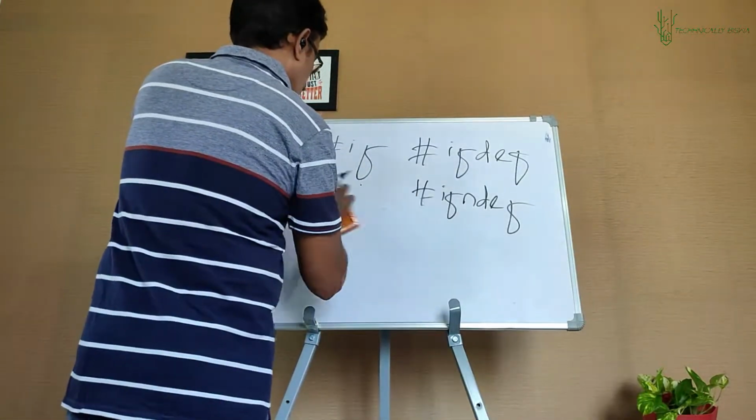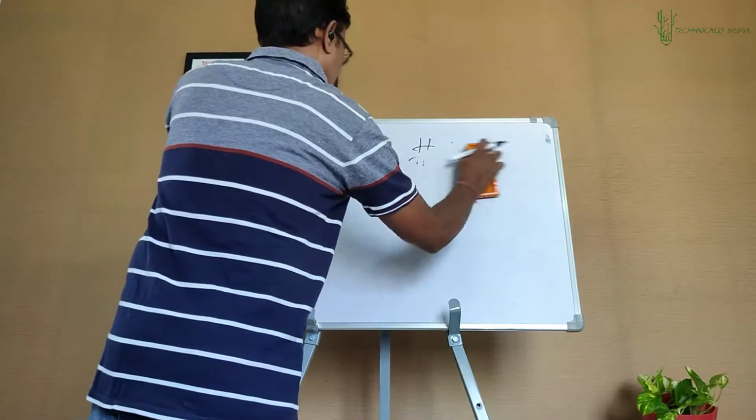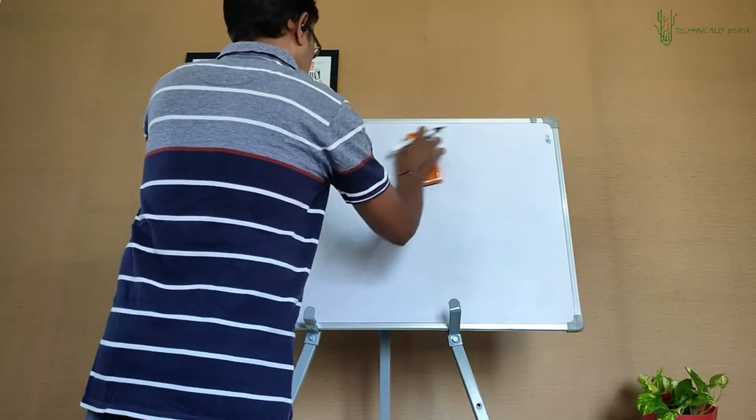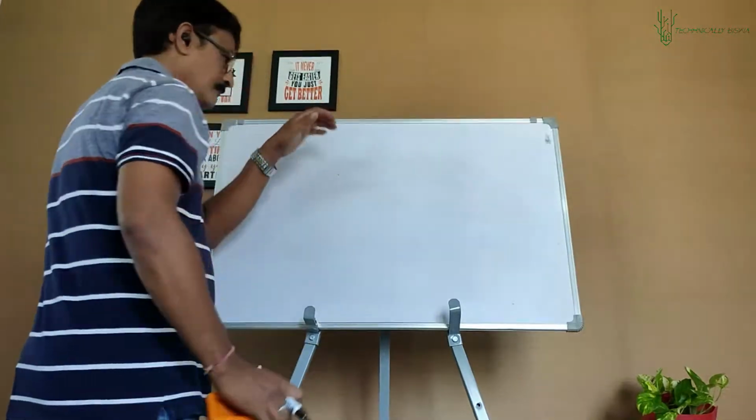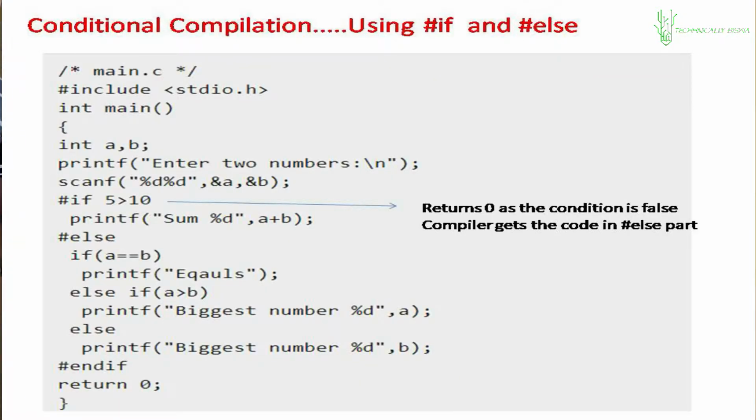Okay, how to use it based on a condition. Let's look at this particular slide. This is an example of how exactly it is used. Look at the example. It says, enter two numbers, then it accepts both the numbers from the user through scanf.